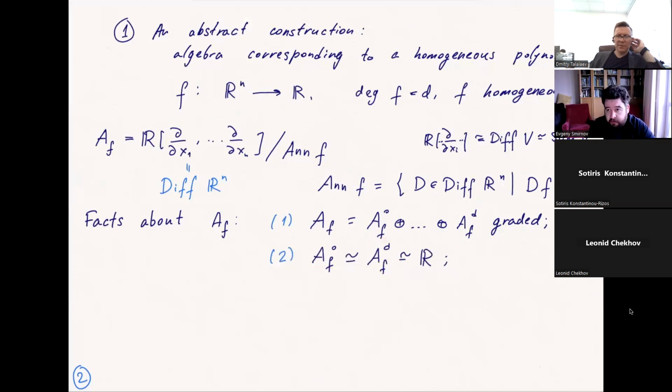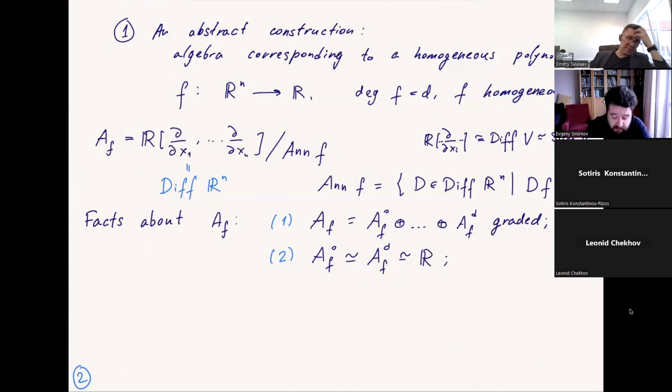Why is it so? Because every time you apply a differential operator of degree d to f of the same degree, you get a number. And the homomorphism theorem or any other basic algebra fact tells you that the image of A_f^d is at most one-dimensional, so you get a number.